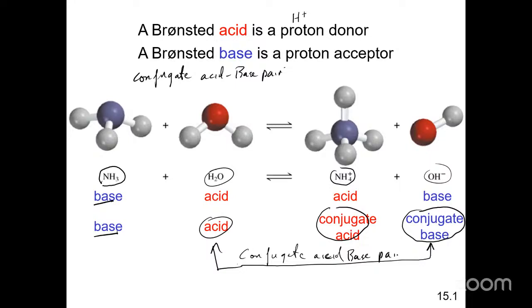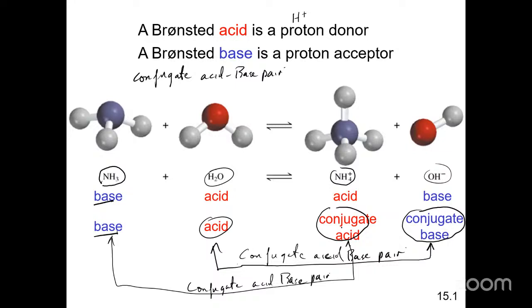And the other conjugate acid base pair would be here. So that's the other conjugate acid base pair. All right? So that's the relationship between the acid and the conjugate base, or the base and the conjugate acid. Okay, so that's the Bronsted definition.